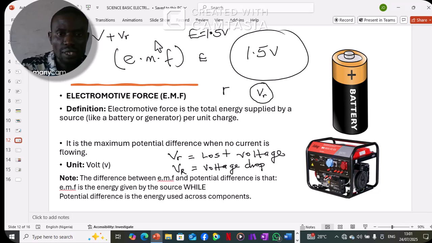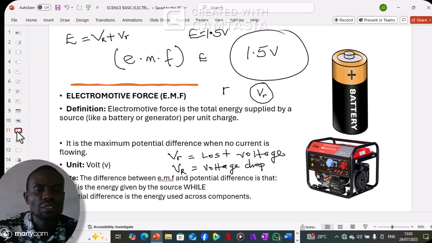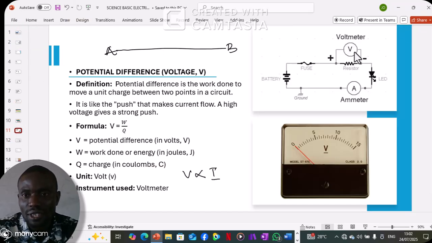So now, electromotive force E equals voltage drop plus voltage loss. I will explain internal resistance later, but I just want you to know why the voltage drop, the voltage read here, will not equal the one we have here.